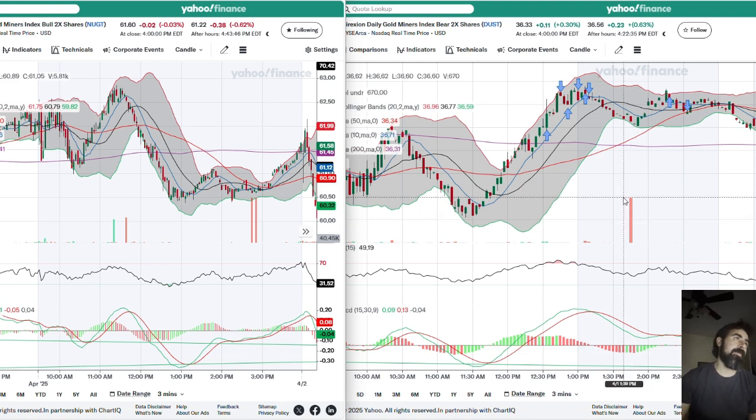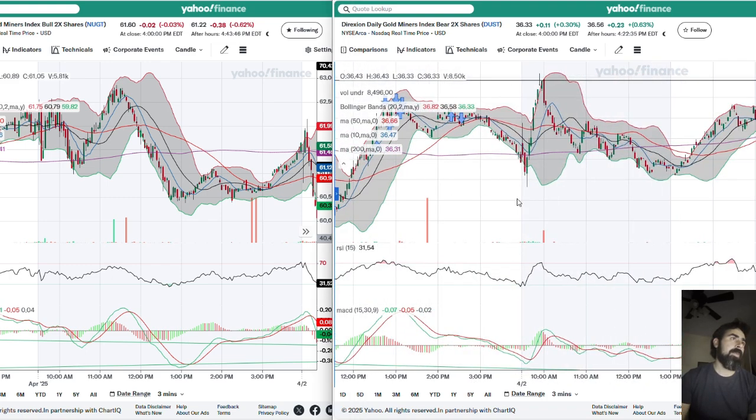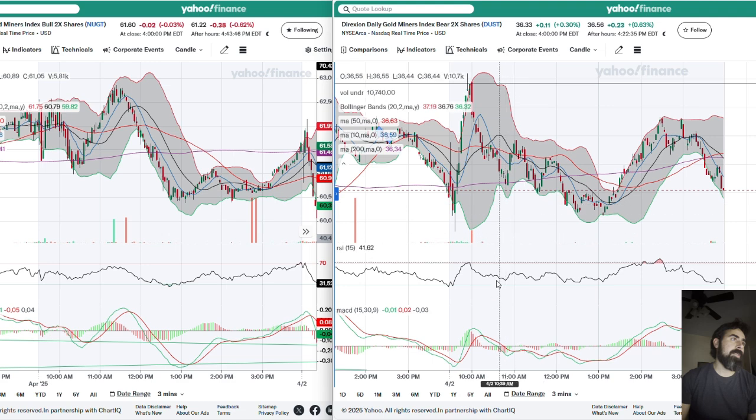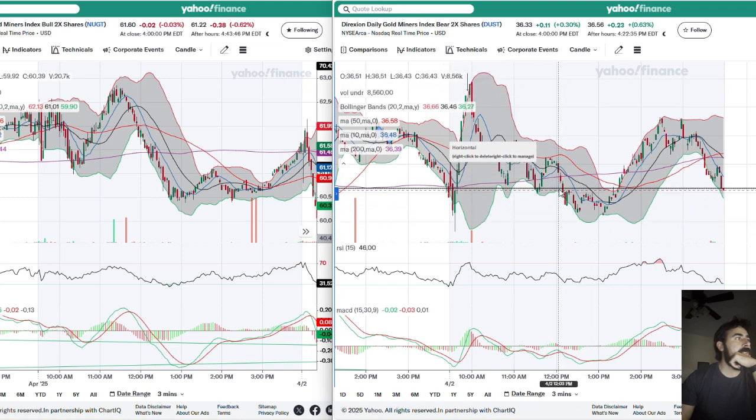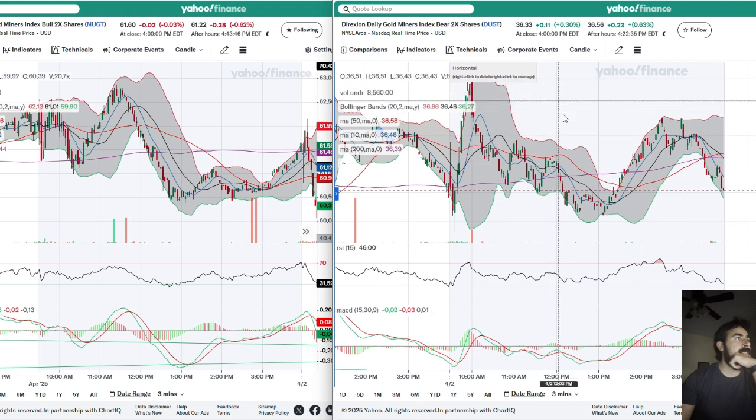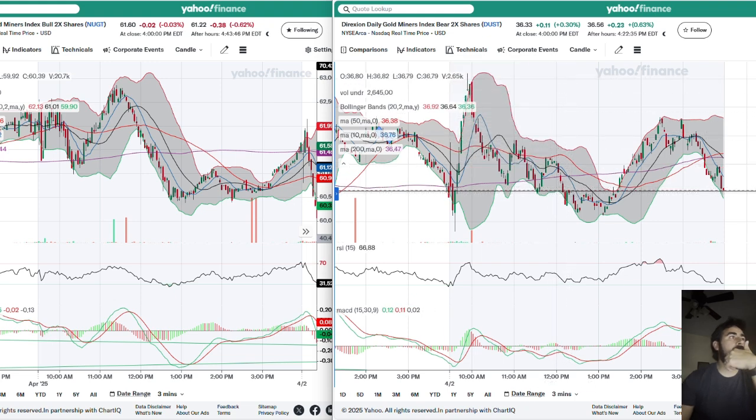If I zoom out, where does today start? Today starts here, 4-2. It was a choppy day. I don't know what happened today, but you can see it started here, topped out here, and it's ending where it started.